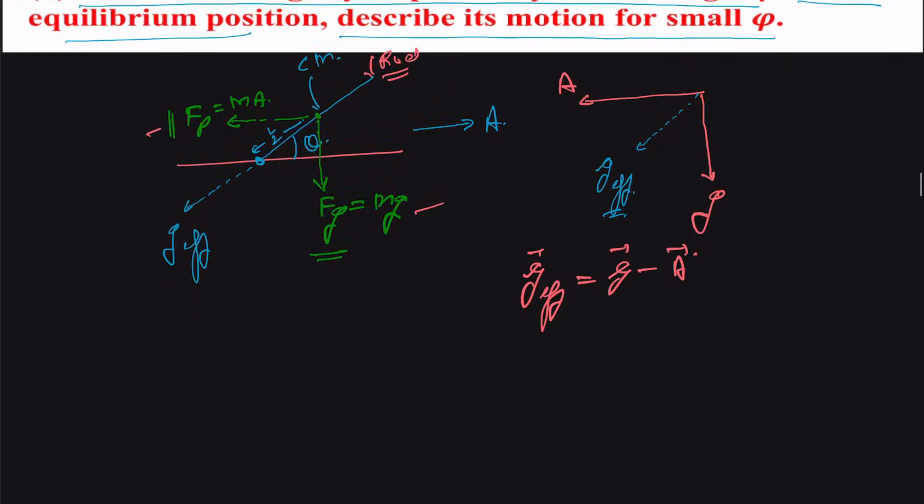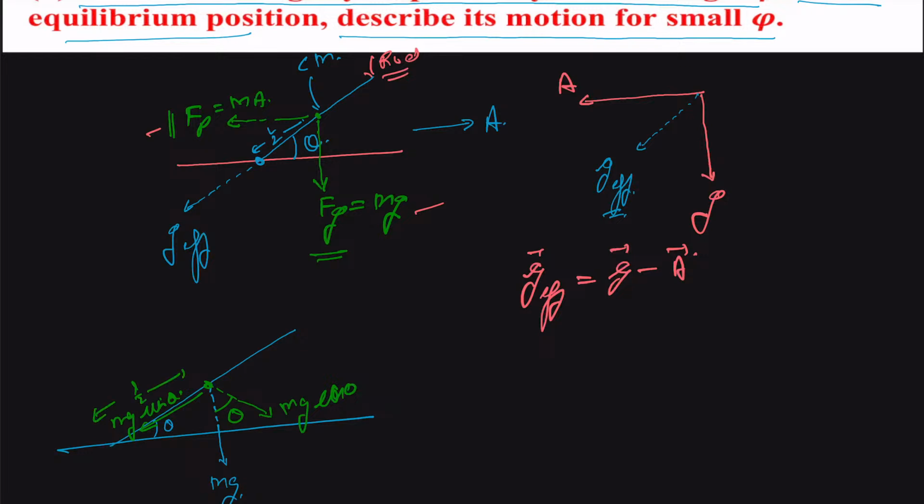So let us draw the components. This is our rod, and we have an angle of theta. In the downward direction we have mg. Therefore this angle will also be theta. So we get this as mg cos theta, and this as mg sin theta, and the center of mass is at a distance of L by 2.